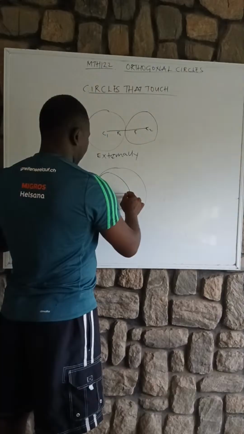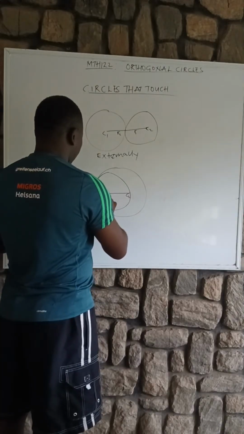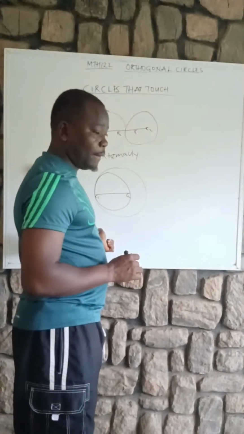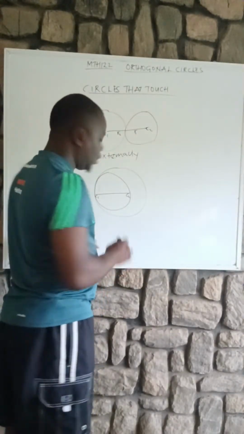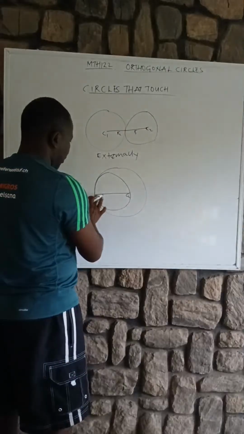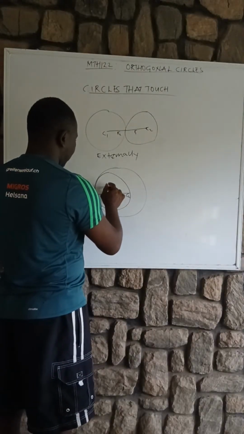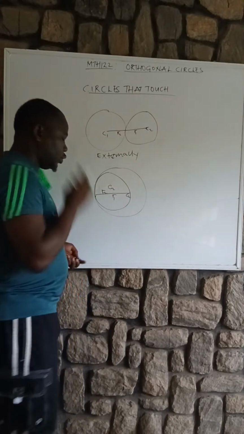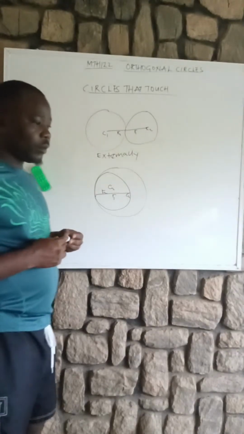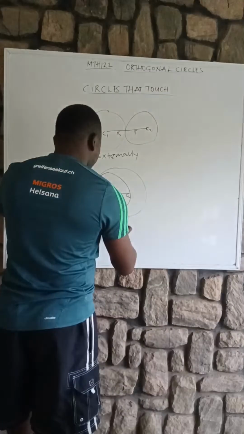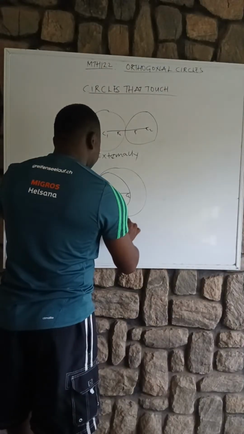This is C1, C2, R1, R2. We can refer to this as internally touched.